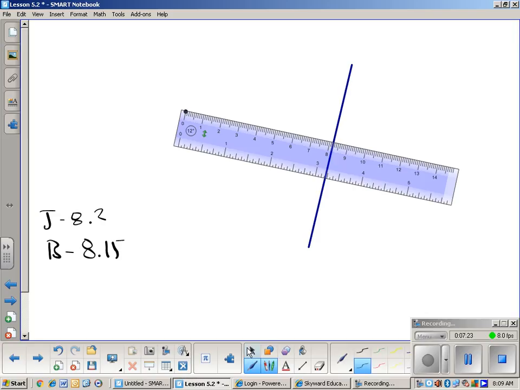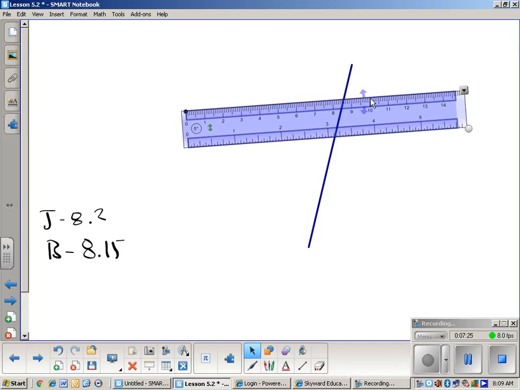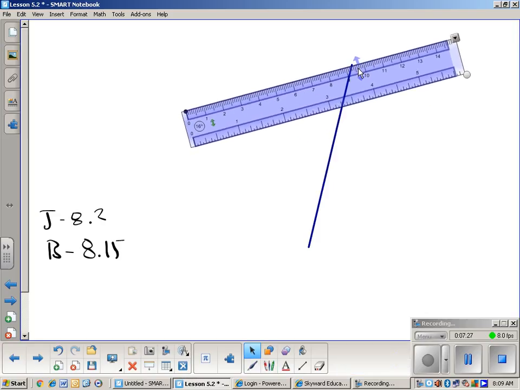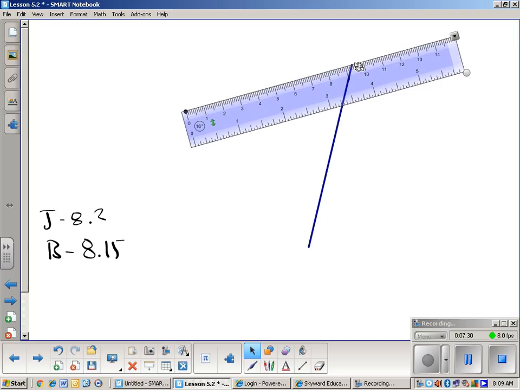I know Emily's been eyeballing this, and she did this. She got 9.3. So Emily was thinking 9.3.